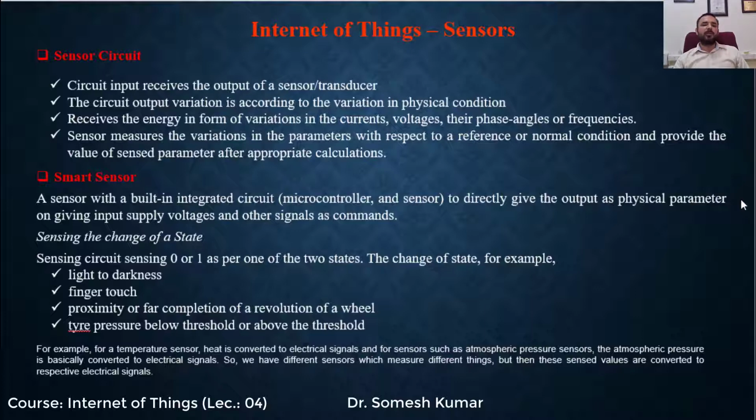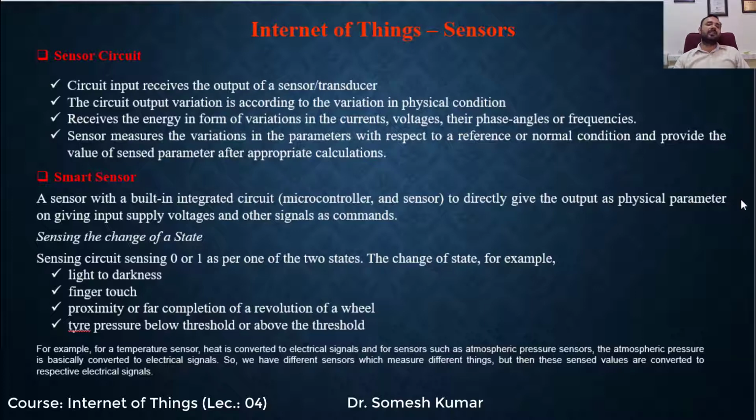So the purpose of the sensor circuit is to change the physical variations into electrical variations in the form of current, voltage, phase angle, or frequency. Fine, meaning the voltage changes as per our physical conditions. For example, when temperature changes, your voltage also changes, or we can say your resistance changes.